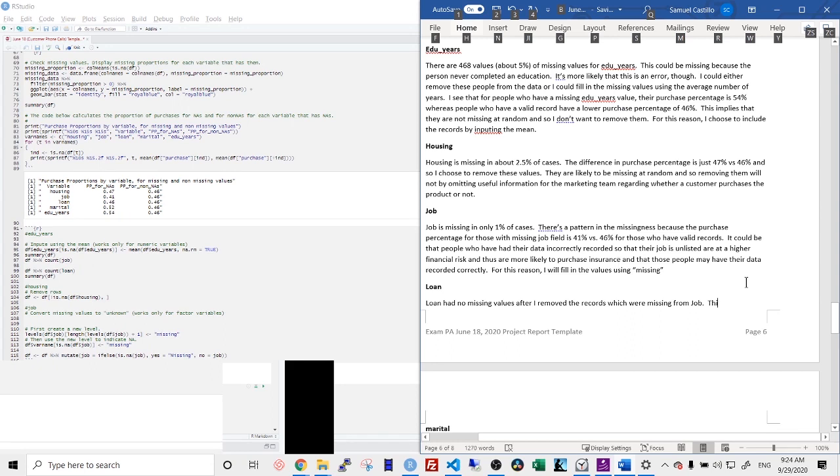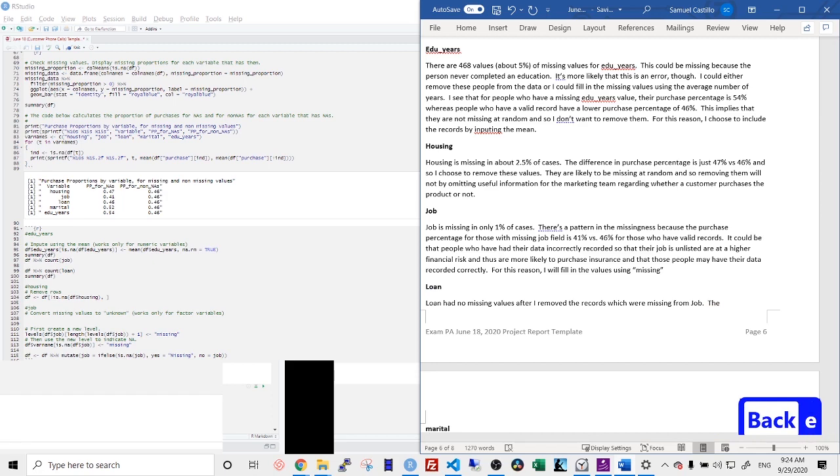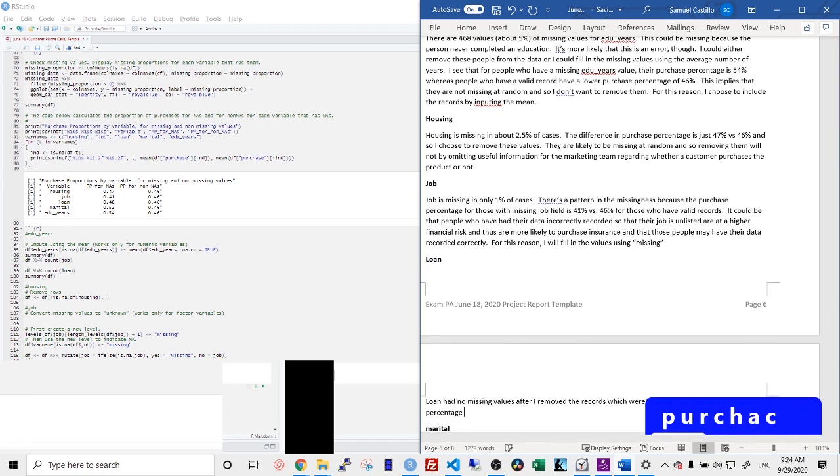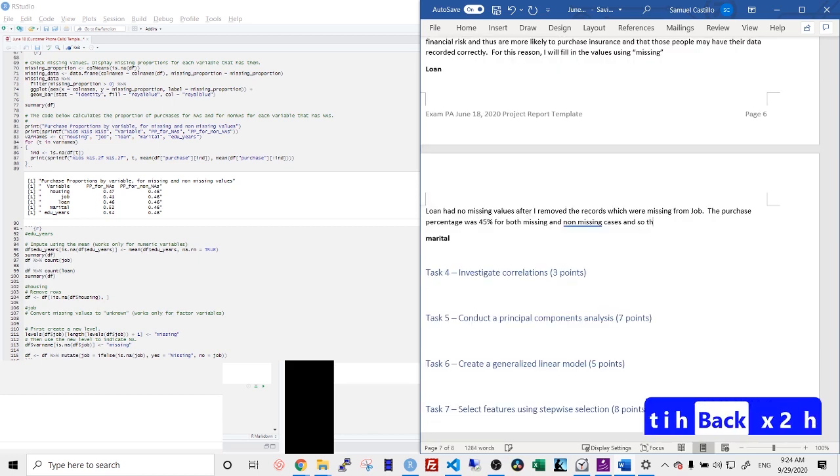For not missing, it's also 46%. So that means that we don't expect that if it's missing, that info will be predictive. The purchase percentage was 46% for both missing and non-missing cases. And so this is safe to remove without losing predictive information.